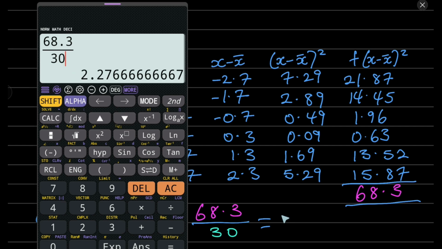So our standard deviation is 2.277 to 3 decimal places. All right, now we've found our standard deviation.